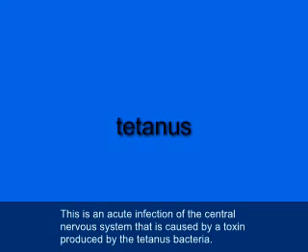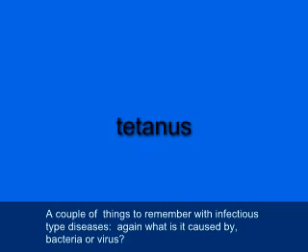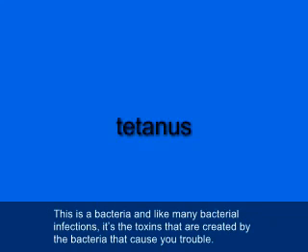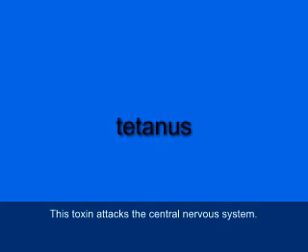And this is an acute infection of the central nervous system that's caused by a toxin produced by the tetanus bacteria. Couple things to remember with infectious type diseases. Again, what's it caused by? Bacteria or virus? This is a bacteria, and like many bacterial infections, it's the toxin that's created by the bacteria that's what causes you trouble. This toxin attacks the central nervous system.